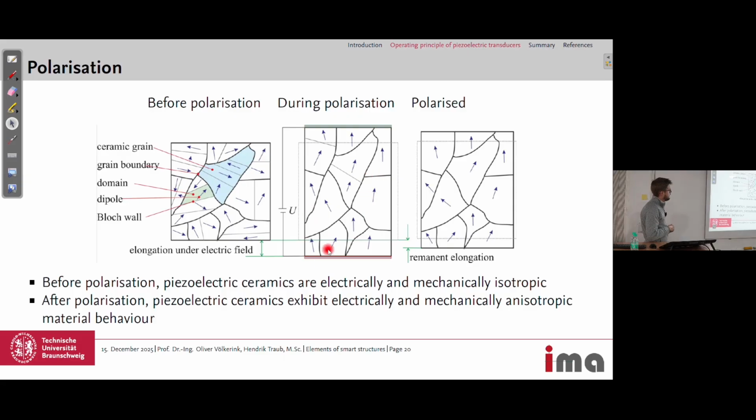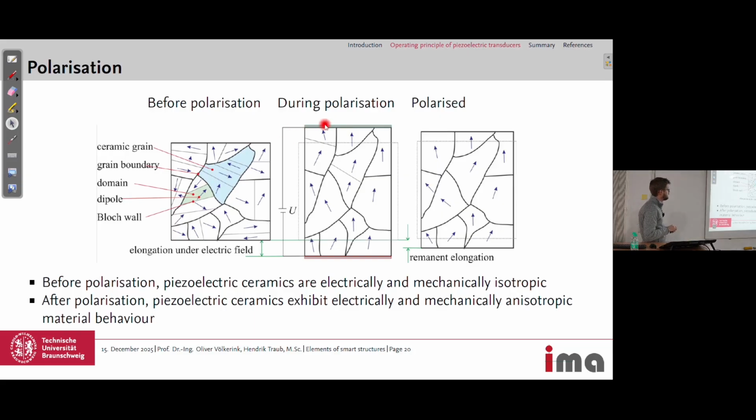And if we then remove the field again, it results in a polarization state, but it's not as oriented as during the polarization, so it goes a bit back, or some of the polarization is lost. And we have the piezoelectric effect, meaning we have an electromechanical behavior.